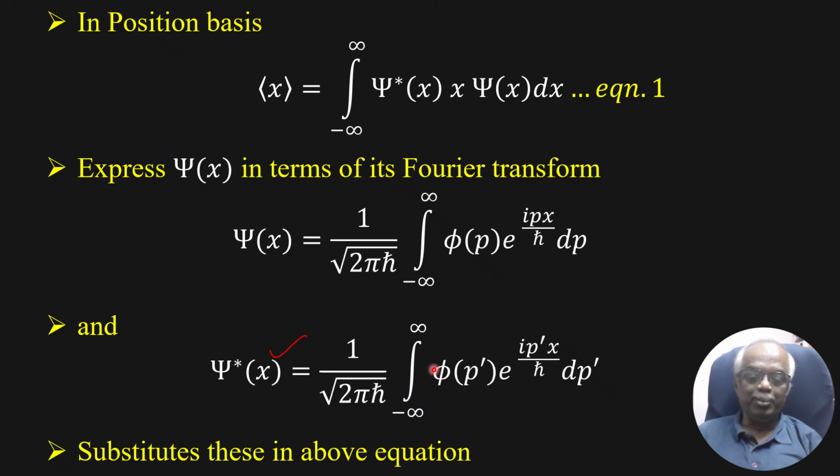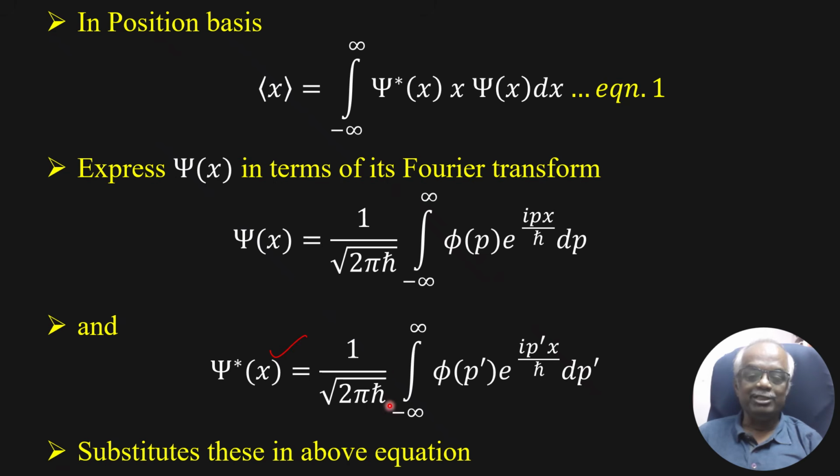We use phi star of p prime e^(+ip'x/h cross), integrating with respect to p prime. After all, p and p prime are running indices. We have to keep that in mind and substitute these two in equation 1, the above equation.